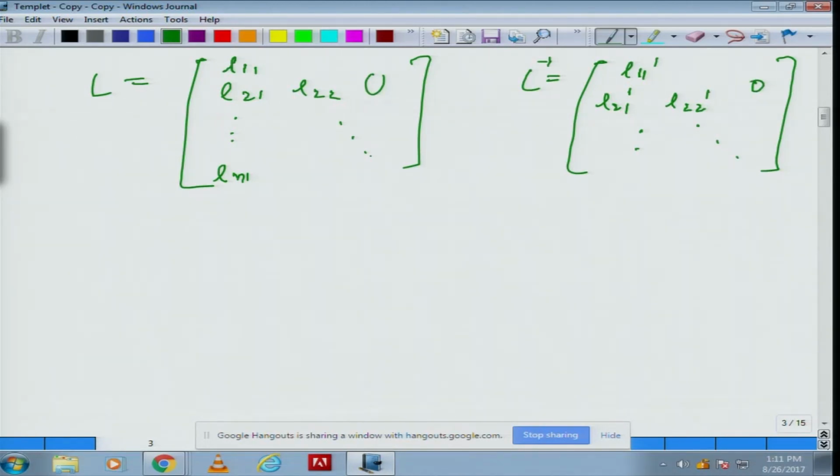So the algorithm will give you the result as L kk dash equal to 1 upon L kk.